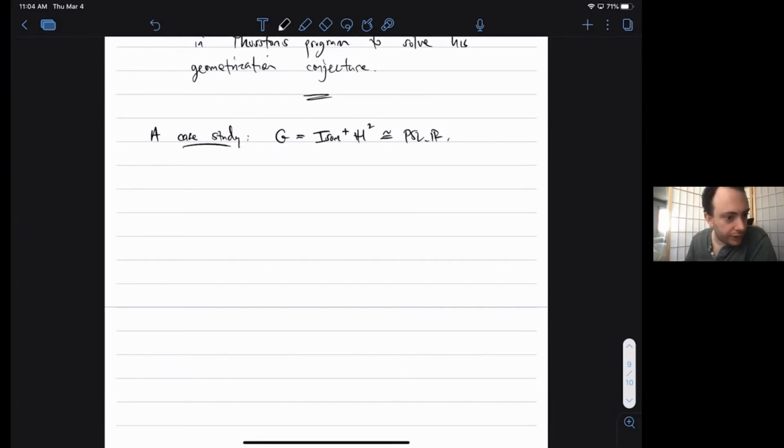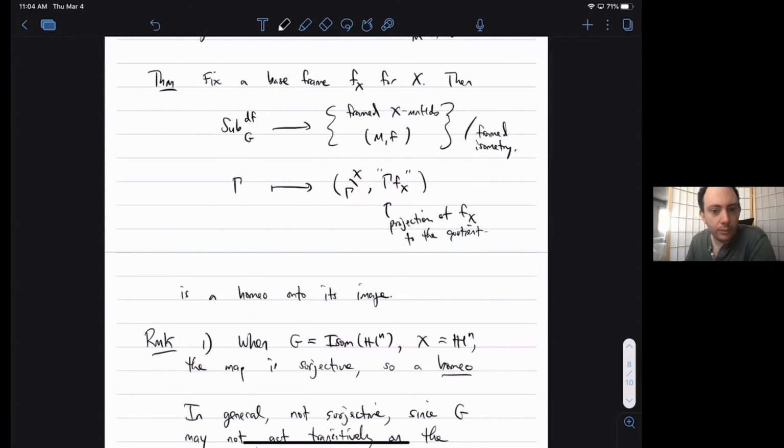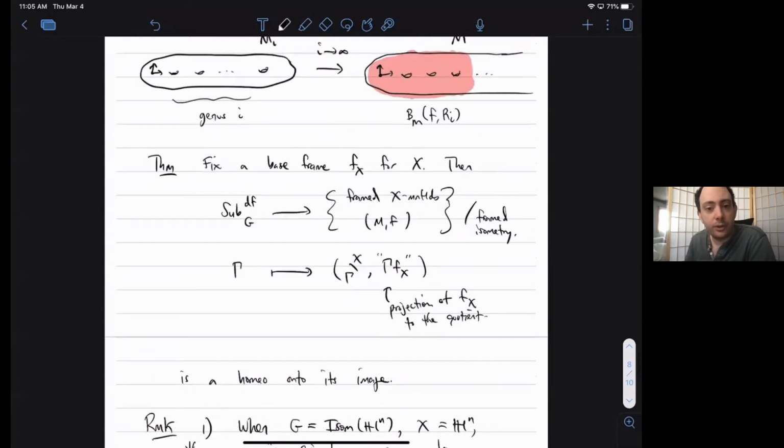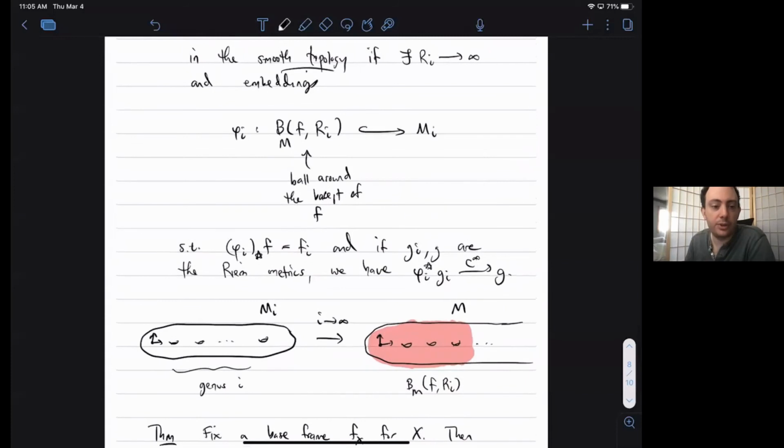Read the question about the theorem. Yeah, so in order to have some sort of convergence of manifolds, it's crucial to have some sort of base point or base frame.